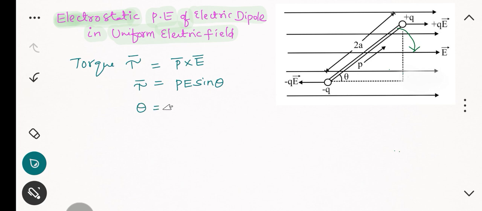Here theta is the angle between P bar and E bar.